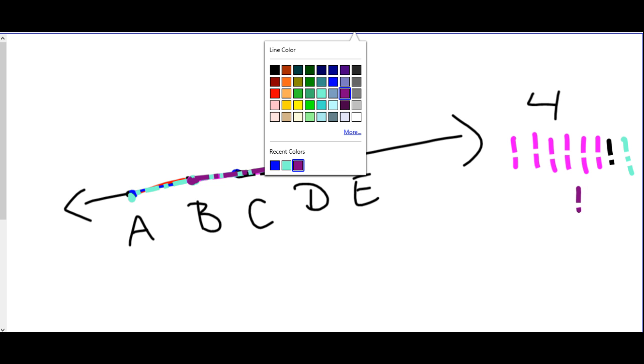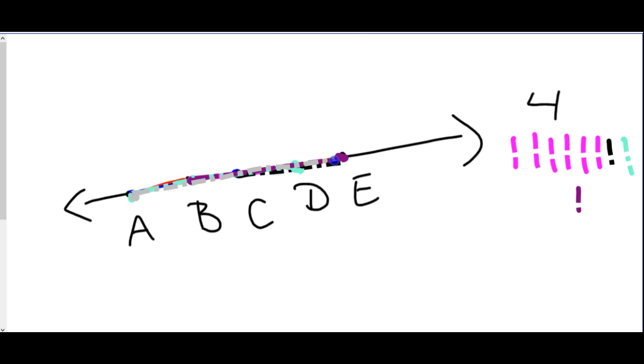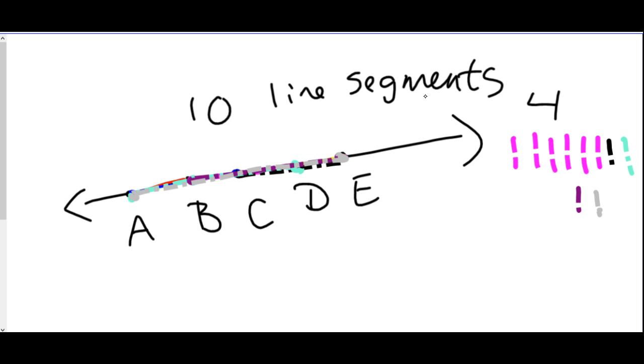And I could start at A and go all the way to E. So we have, counting, 1, 2, 3, 4, 5, 6, 7, 8, 9, 10 different line segments, just looking at this one picture.